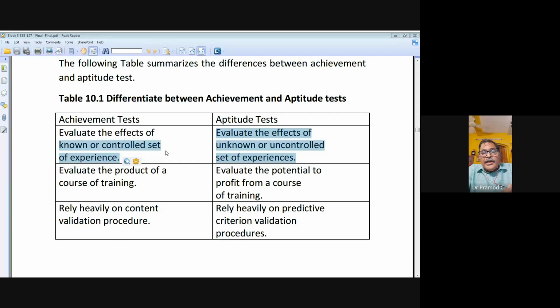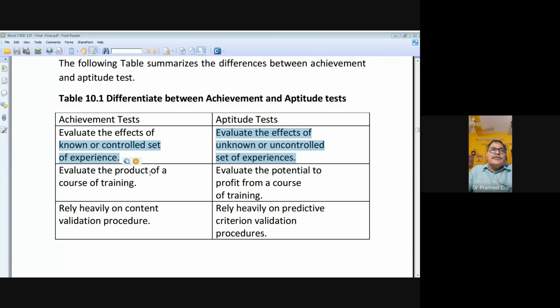A particular time limit is there, question paper is there, answer sheets are there. But in the case of the aptitude test, there are the effects of an unknown and uncontrolled set of experiences. What type of experiences you have can be judged by the teachers. That is an uncontrolled, unknown situation where you can judge it.